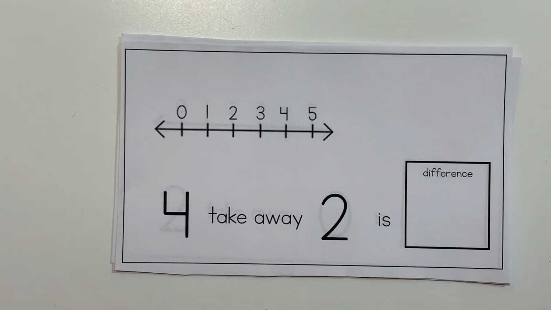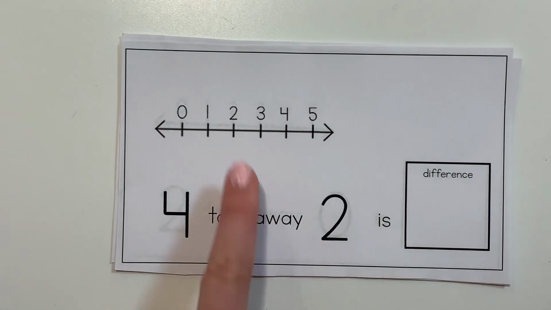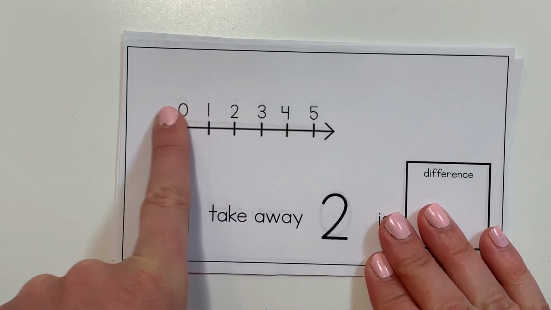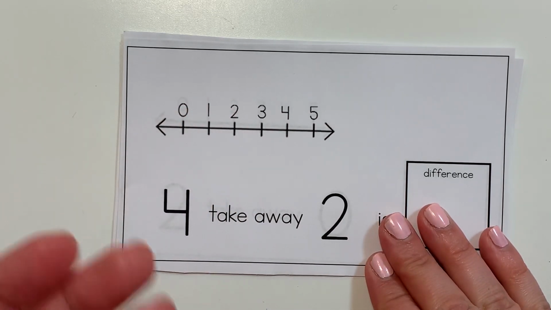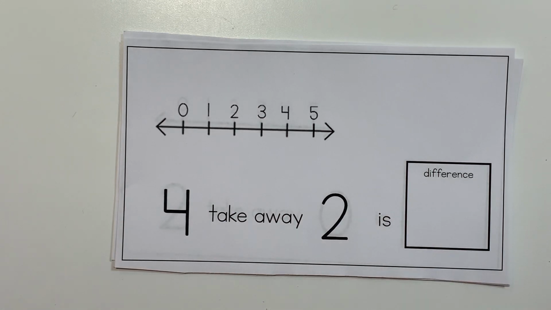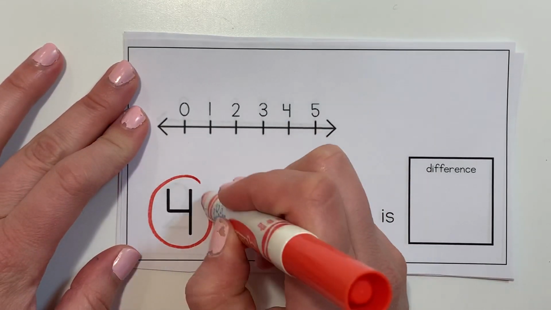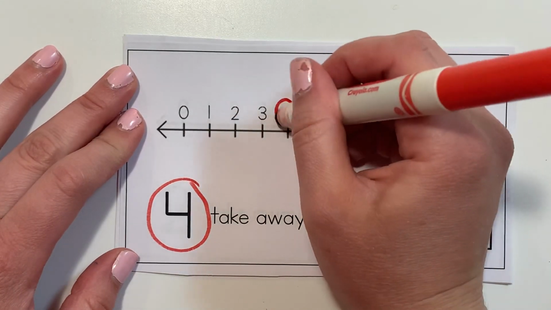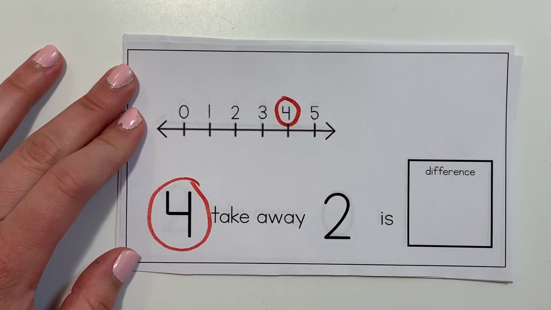Let's try this one. 4 take away 2 is. Am I going to start with 2? No, if I start with 2 and I try to hop backwards 4 times, 1, 2, I run out of numbers. So I always need to start with the biggest number. So I'm going to circle it here. Where else am I going to circle it? On the number line. What do I have to do next?